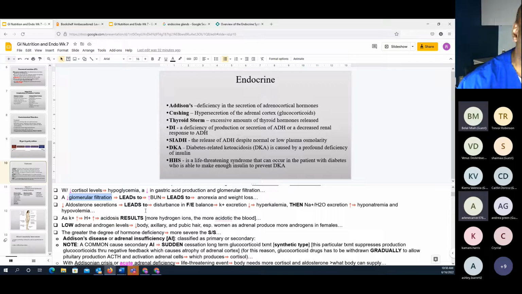So you have high potassium levels, and you have low sodium levels, and you also have a volume deficit as a result. Now, if you have a volume deficit, you know that this is going to lead to hypovolemia, which means that you're going to have blood pressure problems.